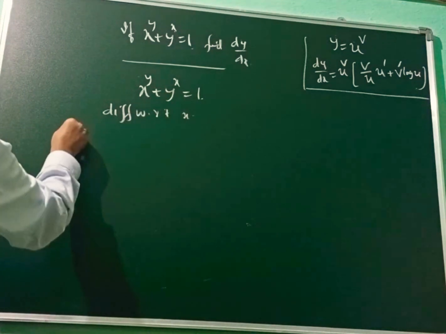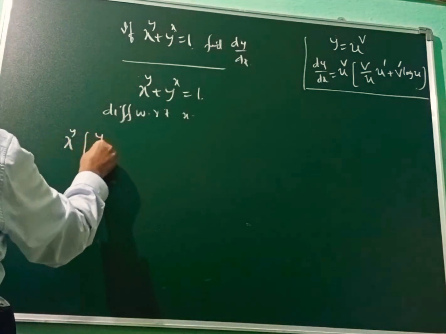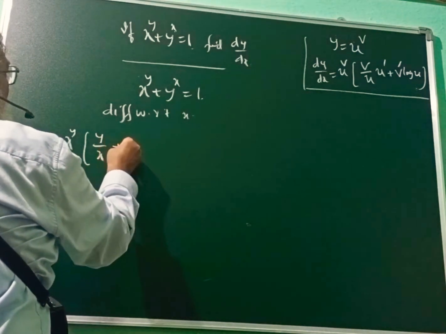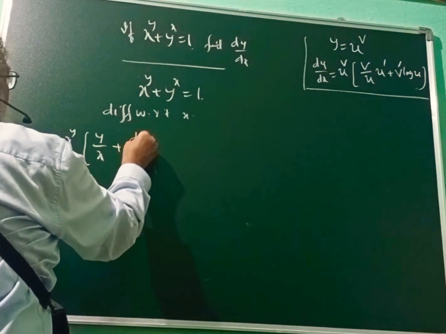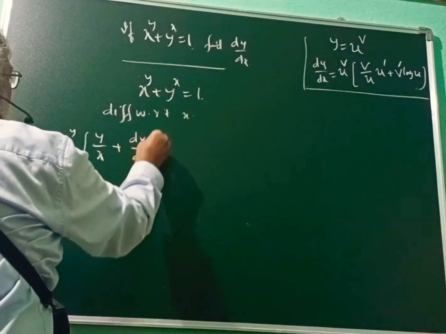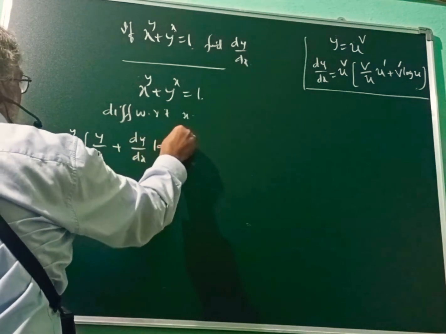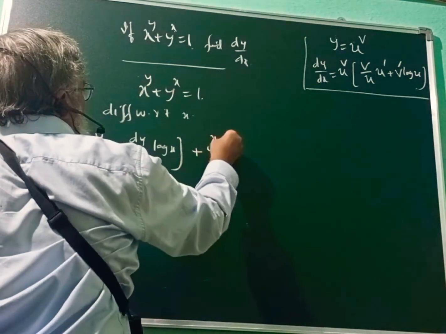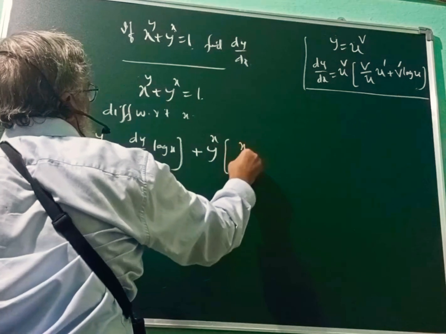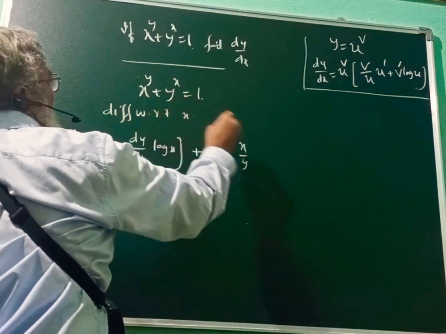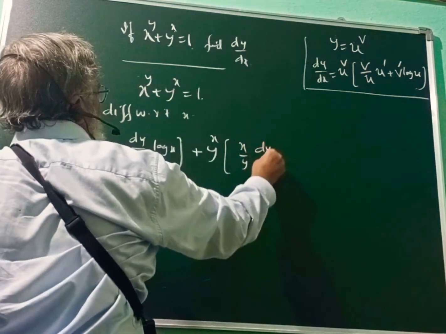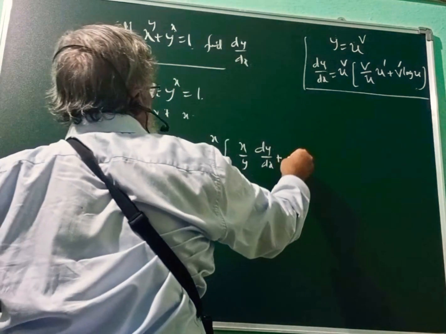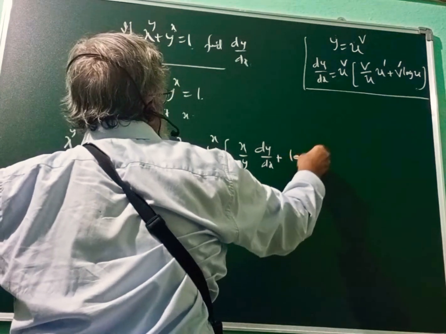Now x raised to y: y into x raised to y minus 1, differentiation of x is 1 here, plus differentiation of y, dy by dx, into log of x here, derivative of this. Now derivative of the second term, that is y raised to x: x into y raised to x minus 1, differentiation of y, dy by dx, plus differentiation of x with respect to x is 1, into log of y.